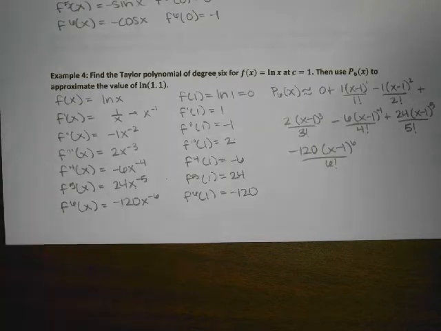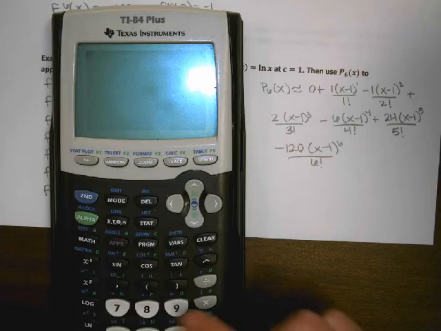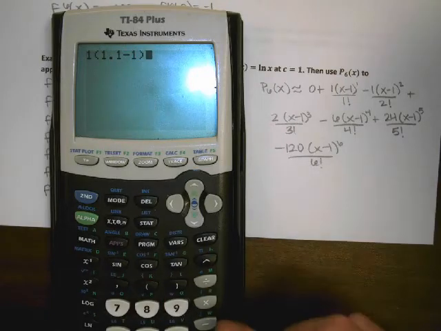All right, speaking of things that are not fun to plug in, let's plug this in. All right, 1 times 1.1 minus 1 to the 1 divided by 1 factorial. I'm just going to leave that.